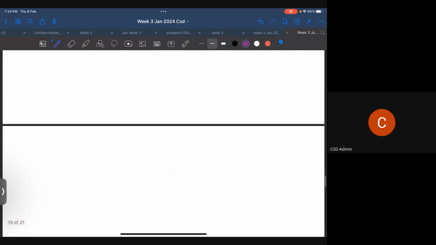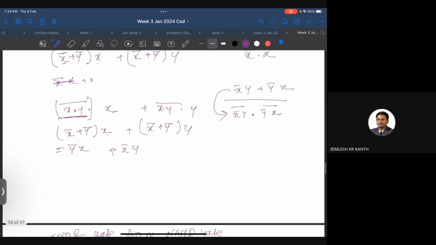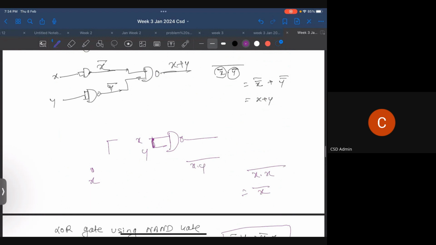In the diagram, we created a transverse line connecting the two inputs. So if you join like that, what is the meaning of this diagram? It's simply a NOT gate. So we are designing a NOT gate from NAND gate.